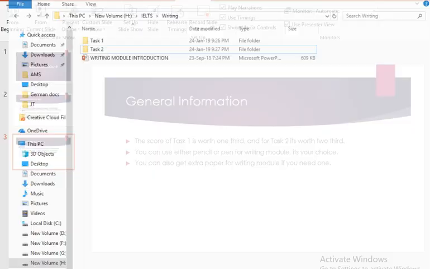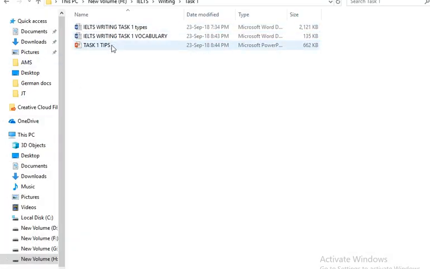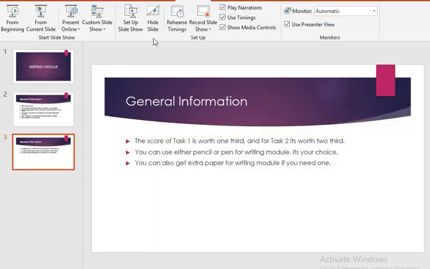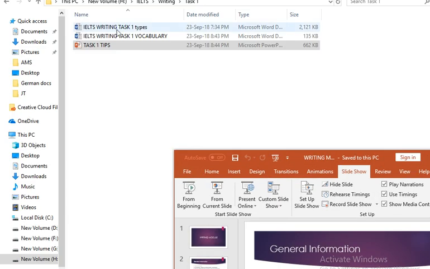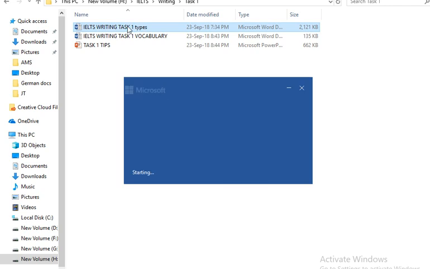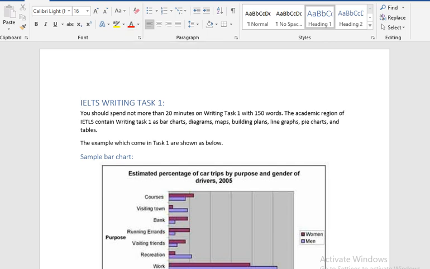So now I'm going to show you an example of task 1. I will upload these files with the video. You will find a link below and then you can also watch all these documents, examples and tips. Task 1 usually depends.